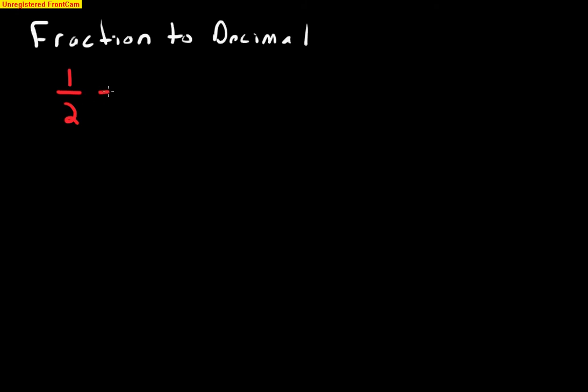So we know that this is equal to 0.5. You can do that either by looking at it and knowing what 1/2 is, or you can go through the process, which is to take the numerator, the top number, and divide it by the denominator, the bottom number, and that's going to give you that 0.5. So 1 divided by 2 will give you 0.5.